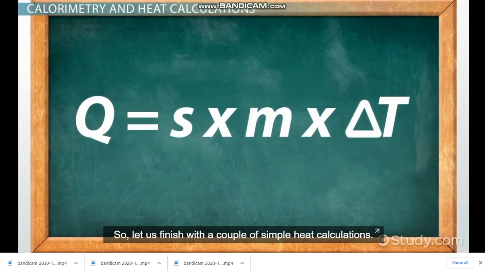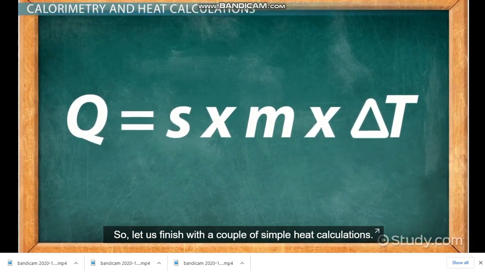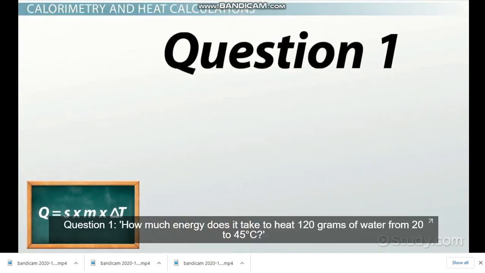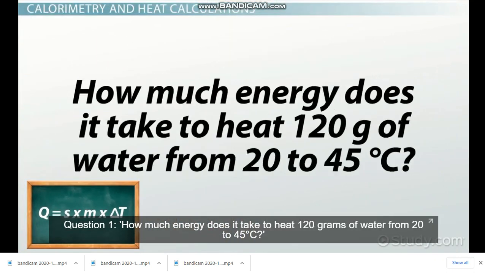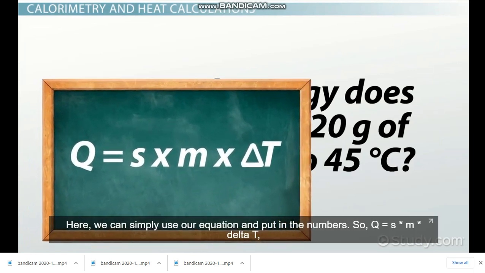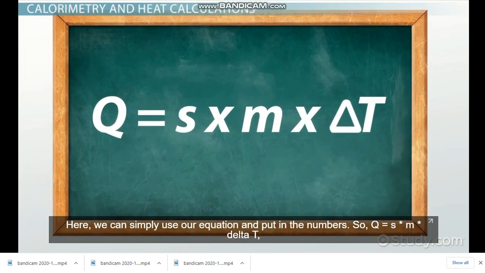So let us finish with a couple of simple heat calculations. Question 1. How much energy does it take to heat 120 grams of water from 20 to 45 degrees Celsius? Here we can simply use our equation and put in the numbers.